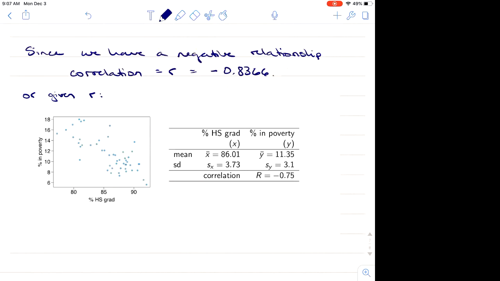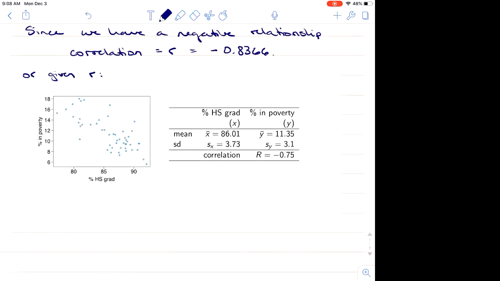The response variable is the percentage in poverty, and the percentage of high school grads is the explanatory variable. We've organized this information so we can keep track: the mean of the percentage of high school grads is 86.01, and the standard deviation of the x's is 3.73.